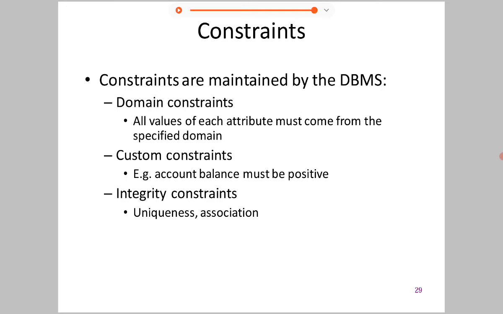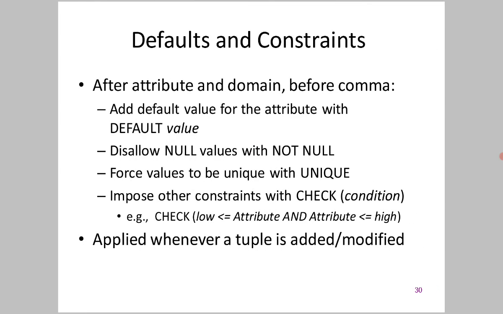For example, in custom constraints we may give conditions like marks should not be greater than 100 or marks should not be less than 0. Domain constraints mean all values of each attribute must come from the specified domain, meaning it should be of the same category, the same type.